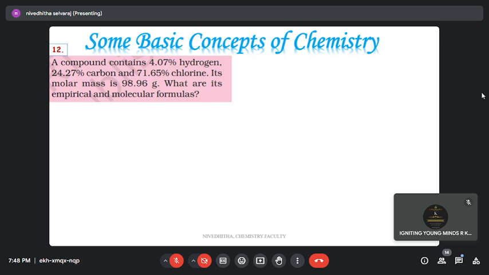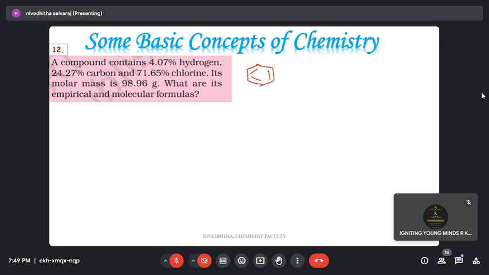Basically, what is molecular formula and empirical formula? What is molecular formula, first of all? See, for example, what is this? Benzene.